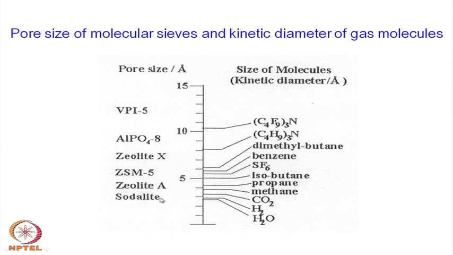So, if you can synthesize a zeolite like sodalite, then you can pass through hydrogen and retain carbon dioxide, because this diameter is more than that of hydrogen. That is also one of the principles by which, using a very definite pore size from the crystallographic structures, one can separate hydrogen from carbon dioxide.